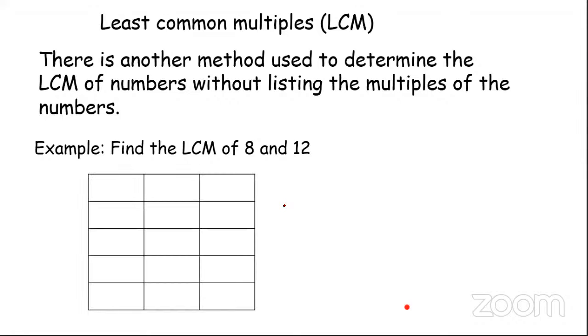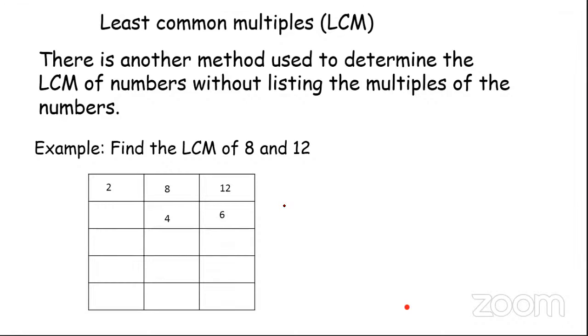We draw our ladder like that, and we write our numbers 8 and 12. What shall we begin by dividing? By 2. 8 divided by 2 gives us 4. 12 divided by 2 gives us 6.